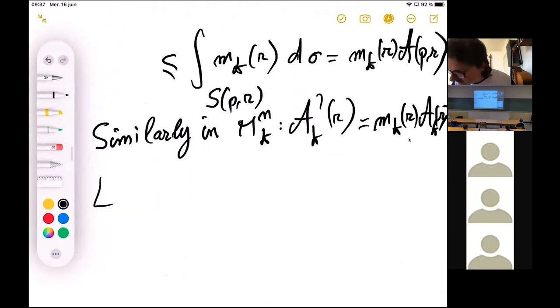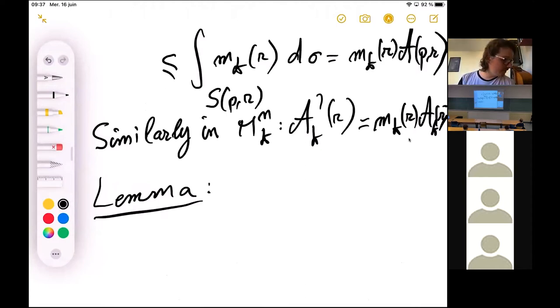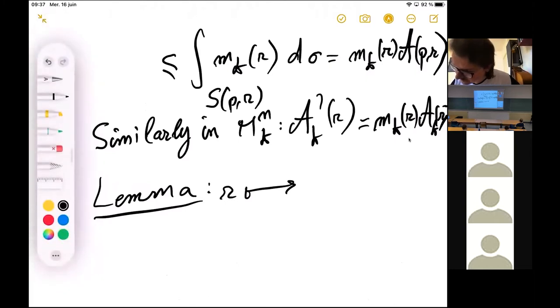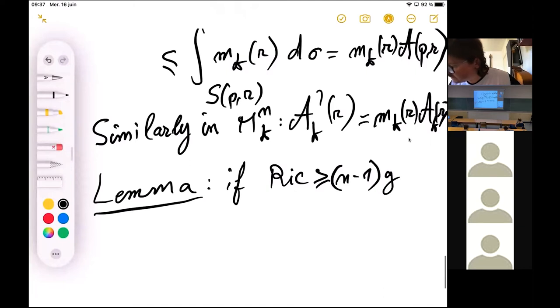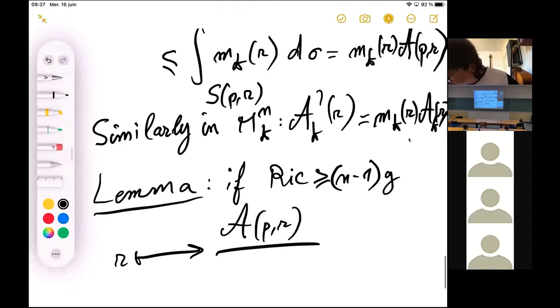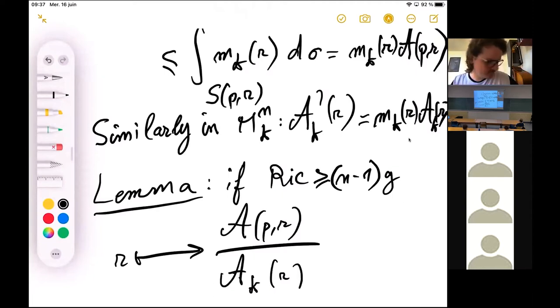This is more or less the proof of this lemma, which says that if Ricci is greater than n minus 1 g, then this function, for any p, is non-increasing.